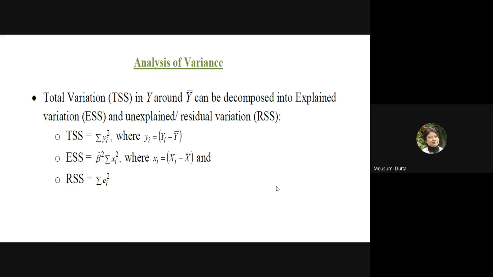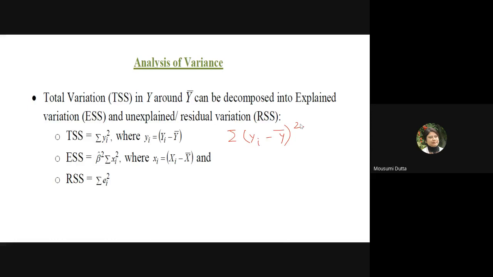Now, if I try to capture the variation in yi, I need to consider summation yi minus y bar whole square. How observations are moving around the mean value. Okay? And since we are not interested about the direction, we should consider the square. And since we will consider all observations at a time, we will consider summation yi minus y bar whole square.